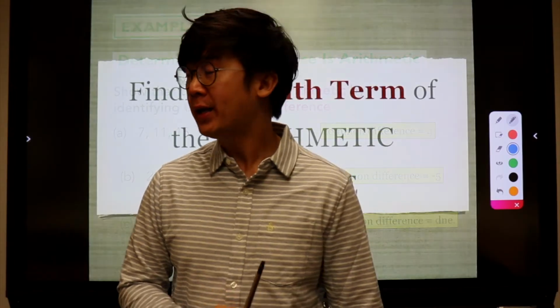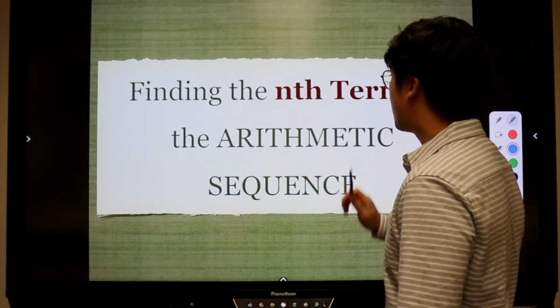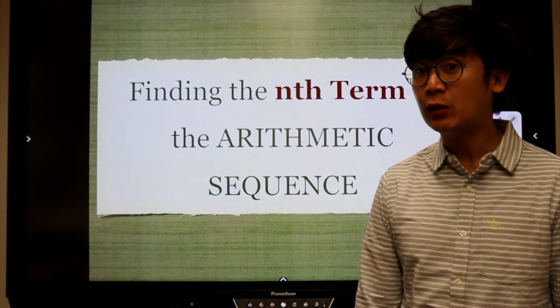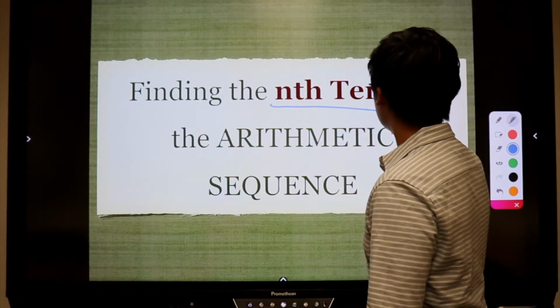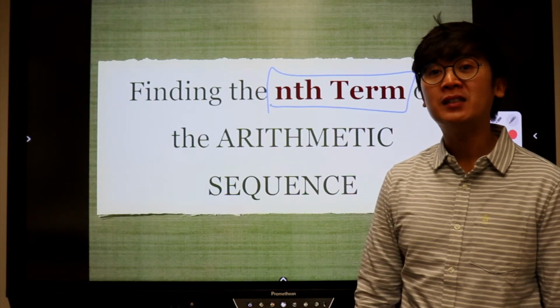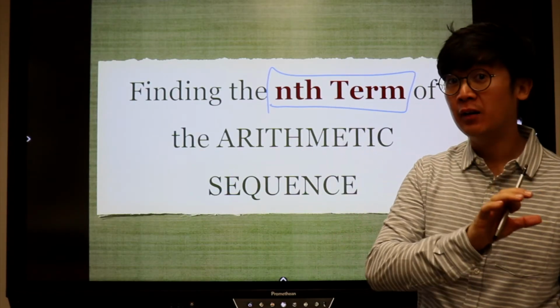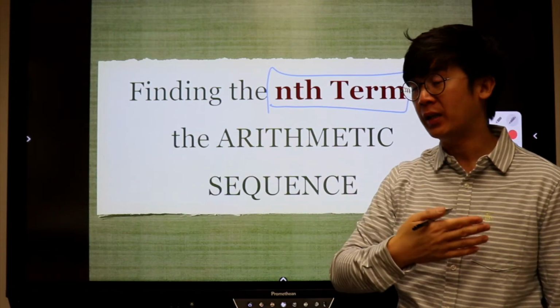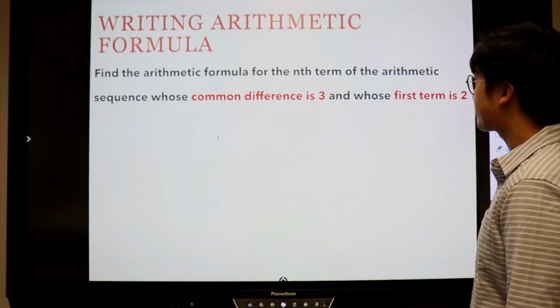Why? Because sometimes you will be looking for the specific formula for the sequence, the nth term. And when you see the word nth term, it means the general formula for the sequence that will produce that arithmetic sequence. So let's start with this one.